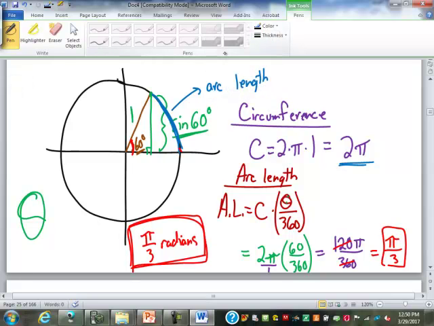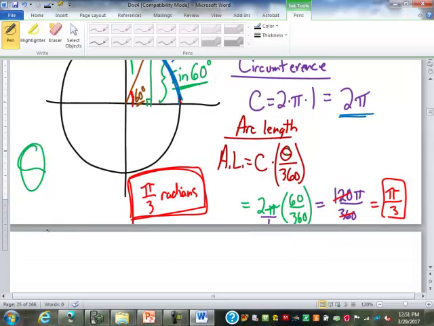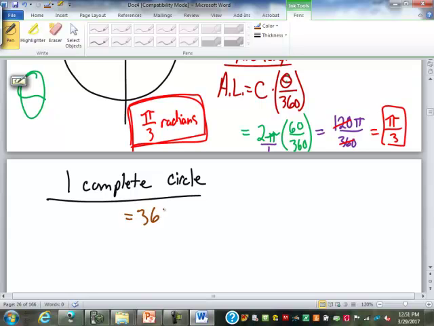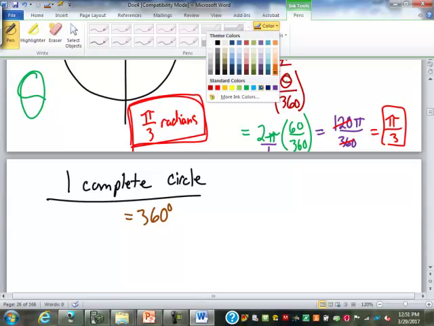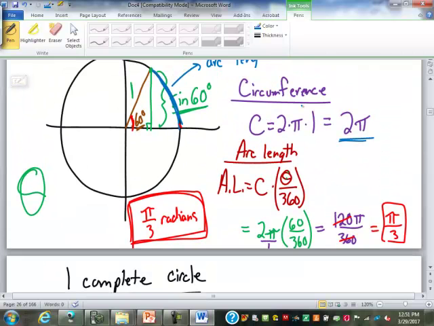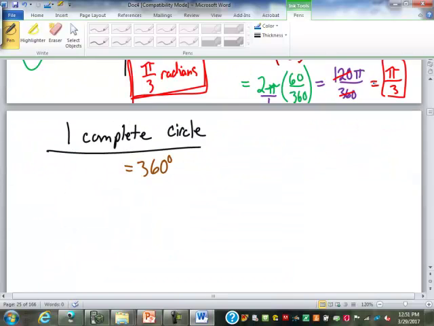The easiest way to deal with radian measure is look at a complete circle. A complete circle is how many degrees? 360 degrees, right? As we defined up above here, on the unit circle, a complete circle is 2 pi radians.